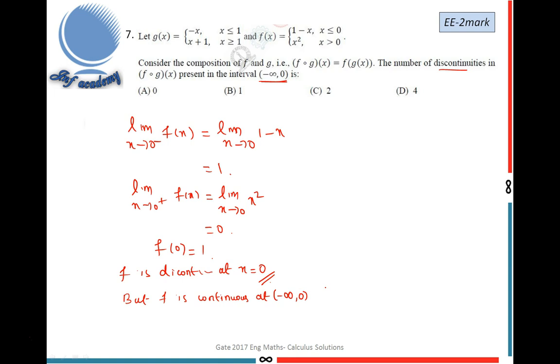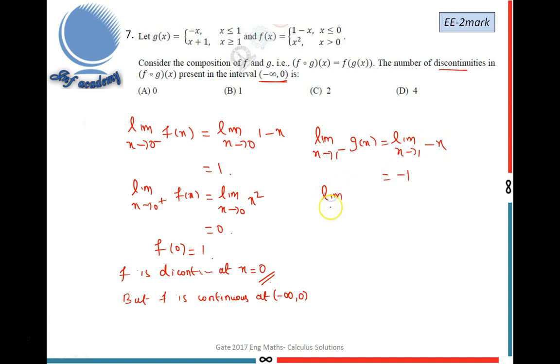Similarly, we have to check the function g. G is also a piecewise function. It is x less than or equal to, and greater than or equal to 1. So I took limit x tends to 1 minus, left hand limit at x equal to 1, g of x, that means limit x tends to 1, x less than 1 value is minus x, so minus 1.